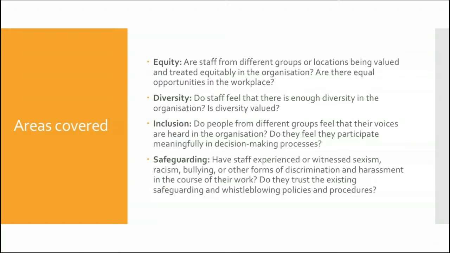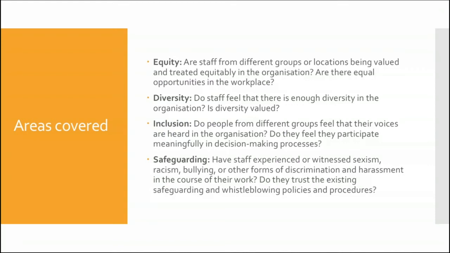And there is a whole section that covers issues around safeguarding. We ask very direct questions about whether people have experienced or witnessed sexism, racism, bullying, or other forms of discrimination, harassment, or abuse in the course of their work. And we ask about whether they have seen this happen amongst colleagues, whether this has happened with partners of the organization or with those who are meant to benefit from the organization.